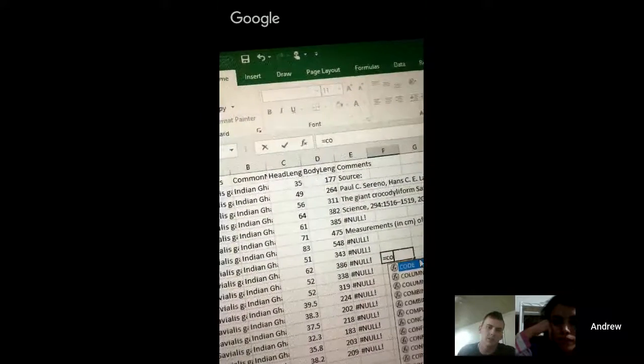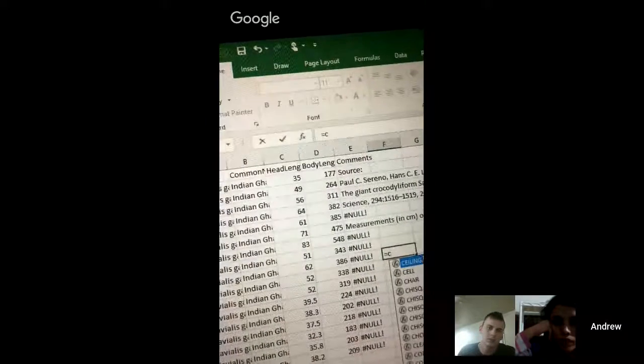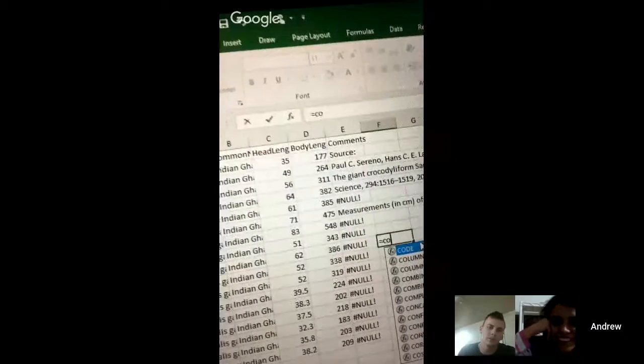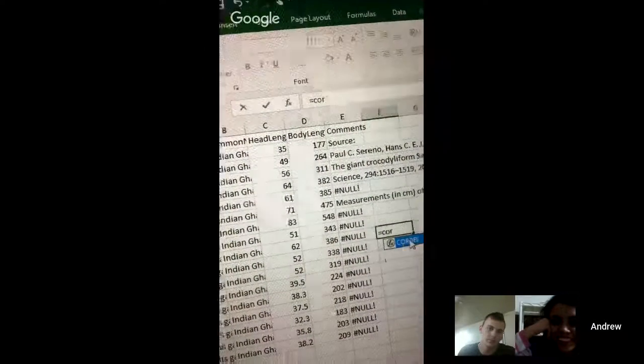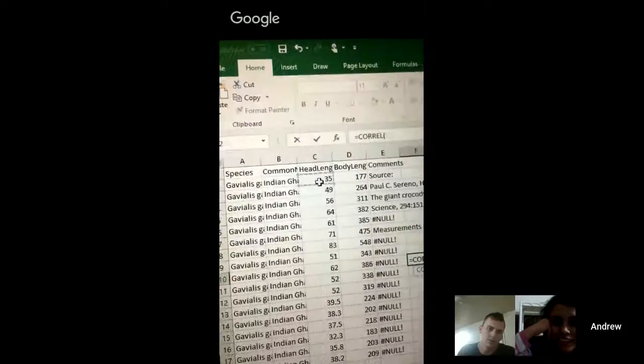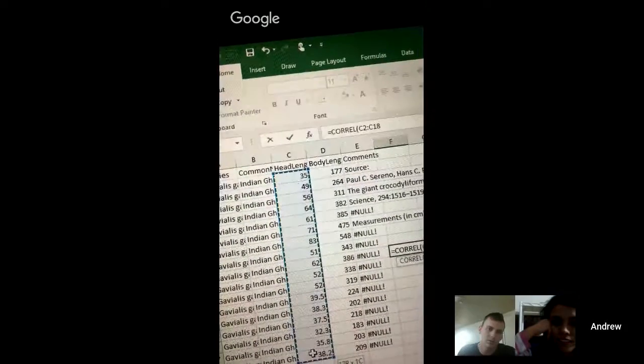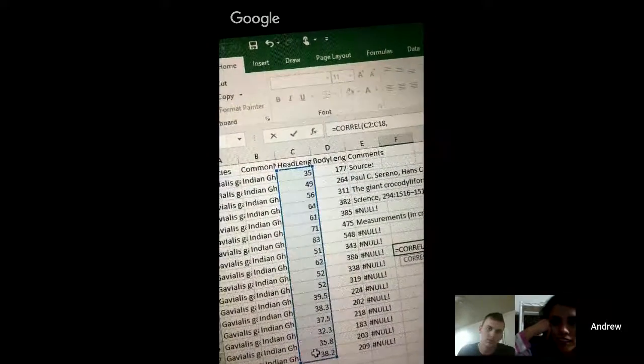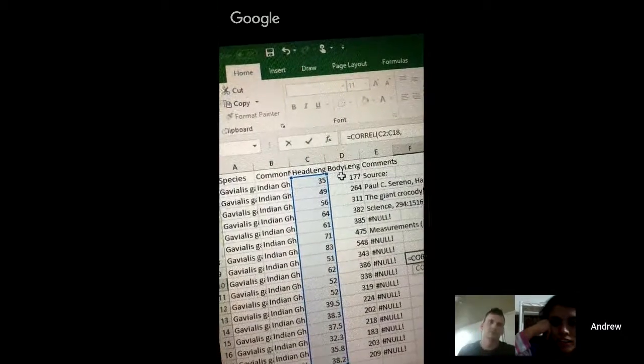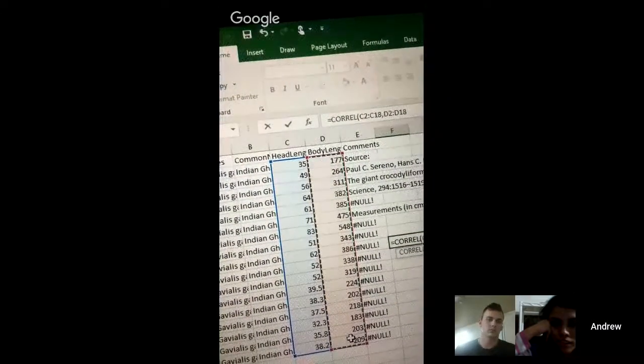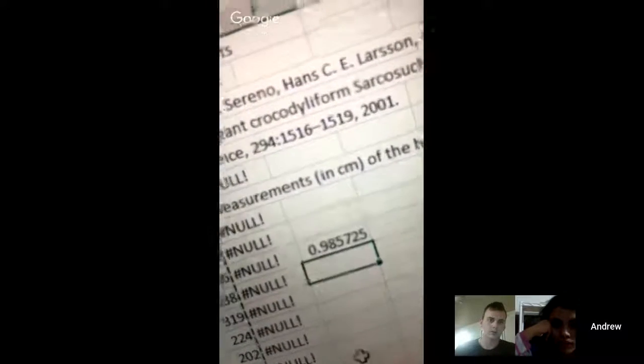Don't make me look like a dummy. Click on it with your mouse when it comes up. There we go. Okay, then you highlight. Yeah. And then comma. And then you highlight your second one. And then you hit enter. And it gives you your number. Which is 0.986. This is the correlation, right? Yeah, it's the correlation R.